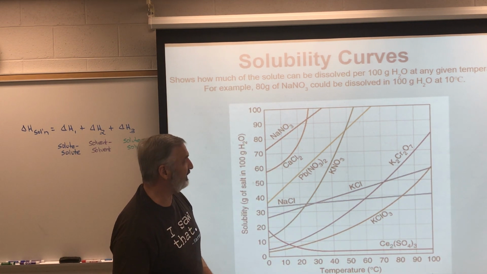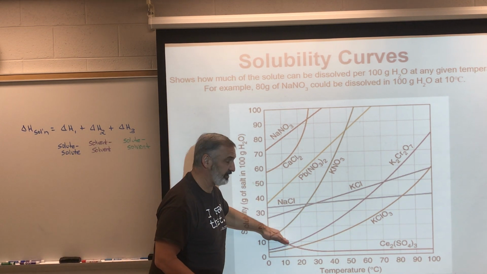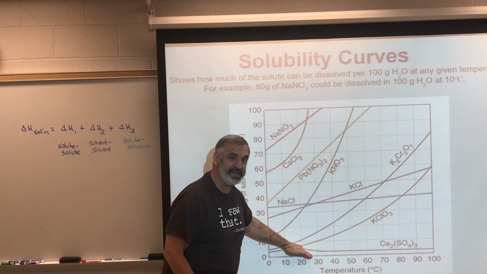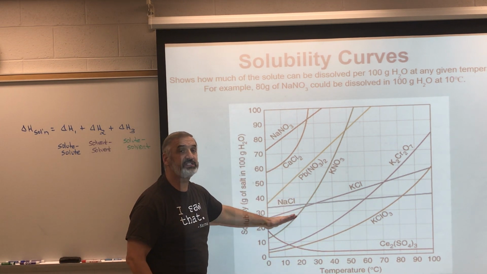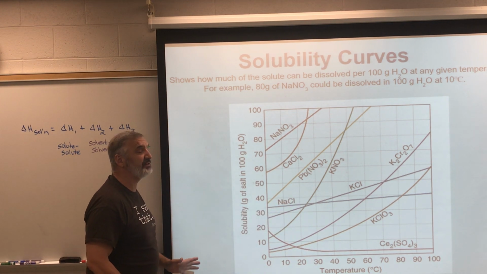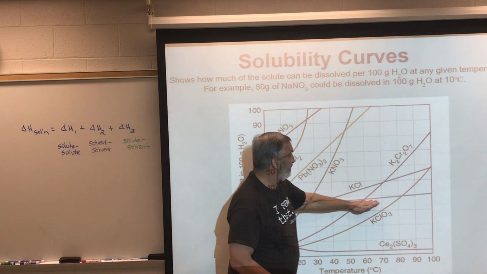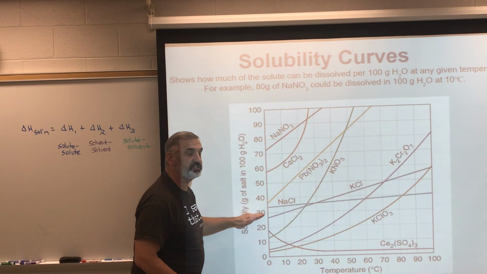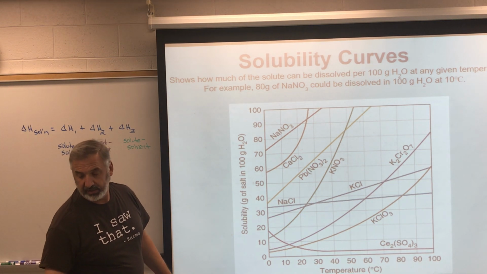If we look at gases, gases all go down as well. The solubility of a gas decreases with an increase in temperature. Now you can see the increase is different for every substance. That's going to be based upon its heat of solution. We'll talk about it in a bit. Salt shows very little change in solubility with change in temperature. Okay?